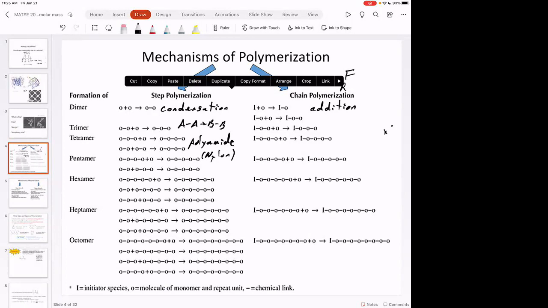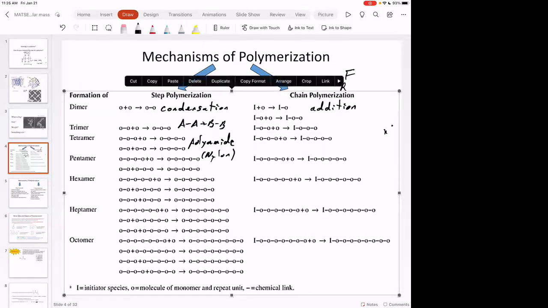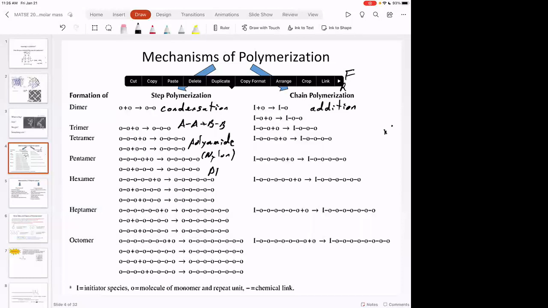What's another step or condensation polymer that we've talked about already? Some of you are drinking out of it right now. Yeah. Polyester or PET. Polyester. Great. And so we know how to make amides. We know how to make esters based on what we've done with organic chemistry.